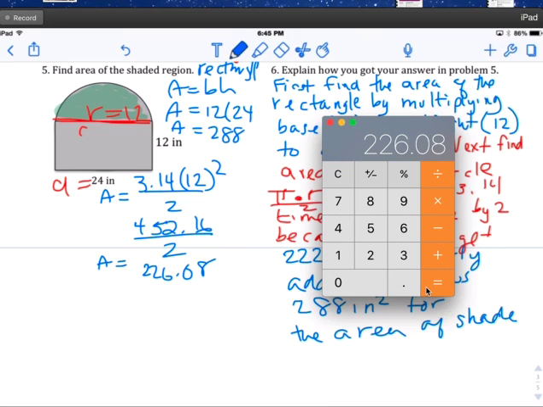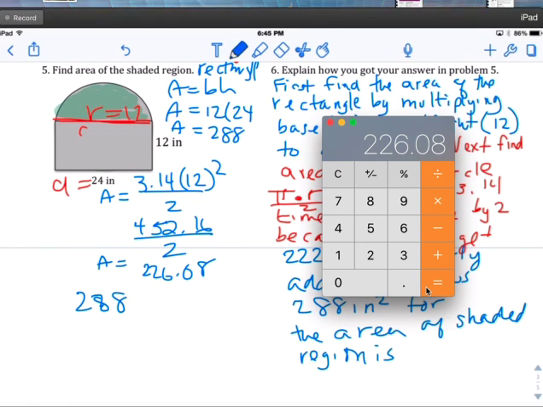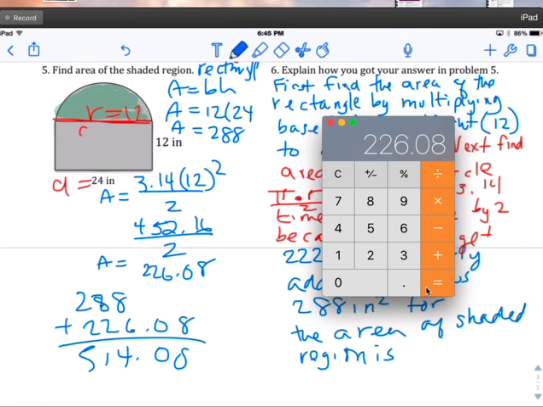The area of the shaded region is 514.08 inches squared.